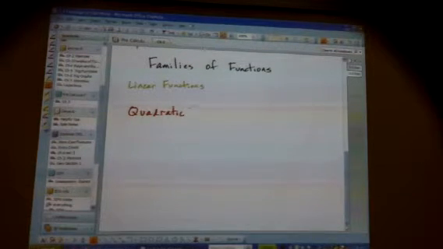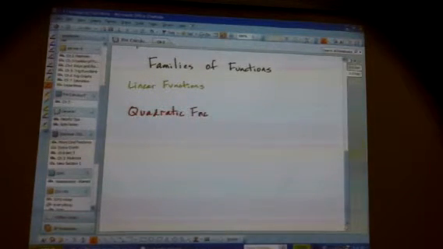Quadratic functions. You should have heard that name before because you have been exposed somewhat to parabolas and quadratic functions in the past. How do you recognize a quadratic function? Anybody know what it is?